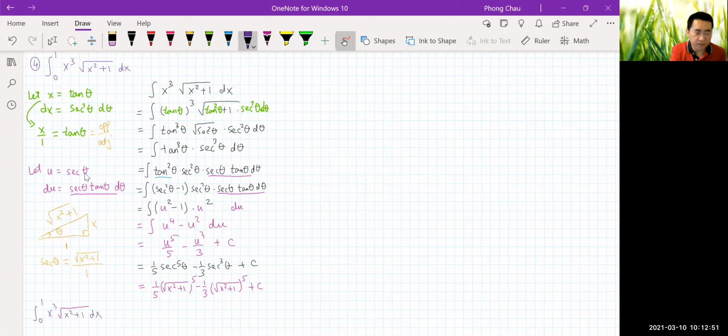Since we have the antiderivative, this step is pretty straightforward. Let's write it with 5/2: 1/5 times x squared plus 1 to the 5/2 power, minus 1/3 times x squared plus 1 to the 5/2 power, evaluated from 0 to 1.